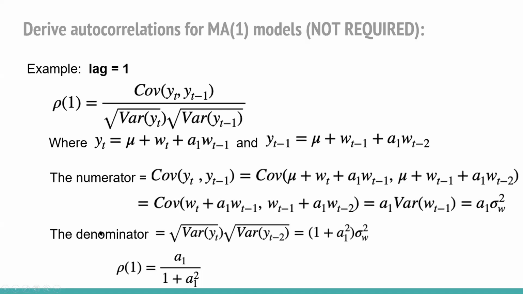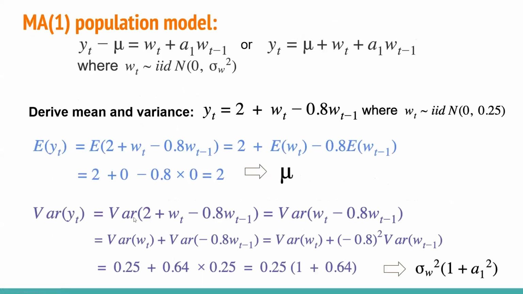Now, the denominator: when I multiply the variance of this by the variance of this, remember the other time, what do we get? What is the variance of yt? The variance of yt is this, and the variance of yt minus 1 will also be this.